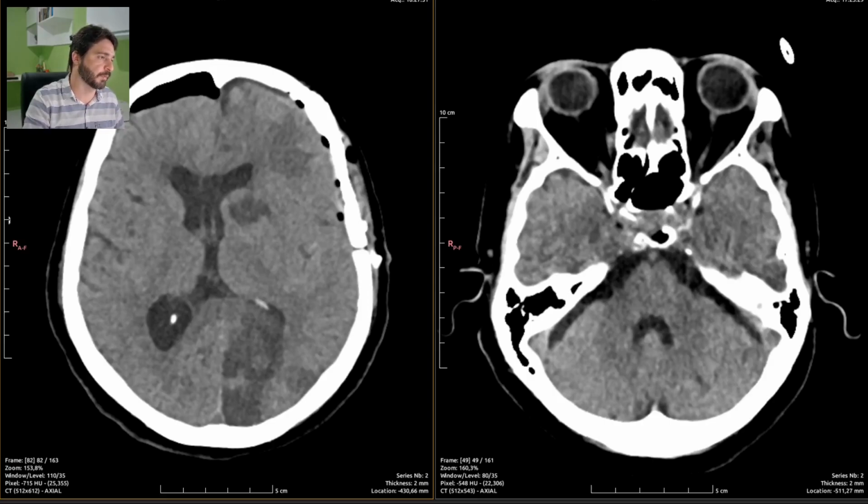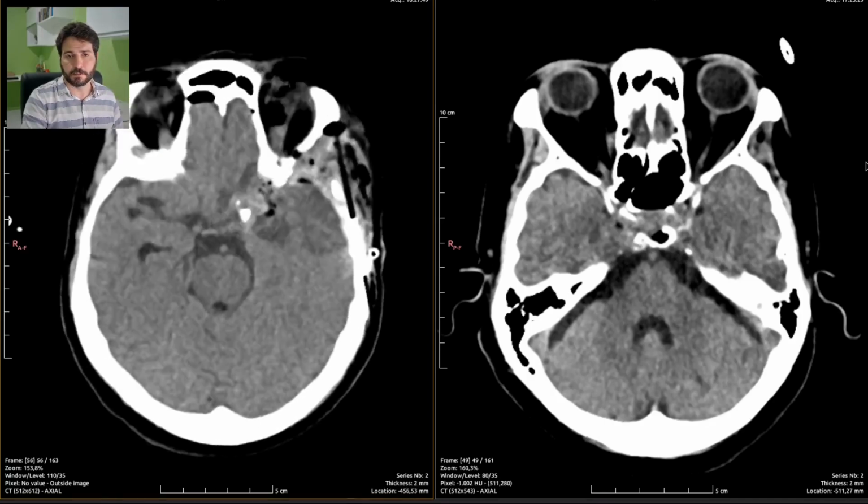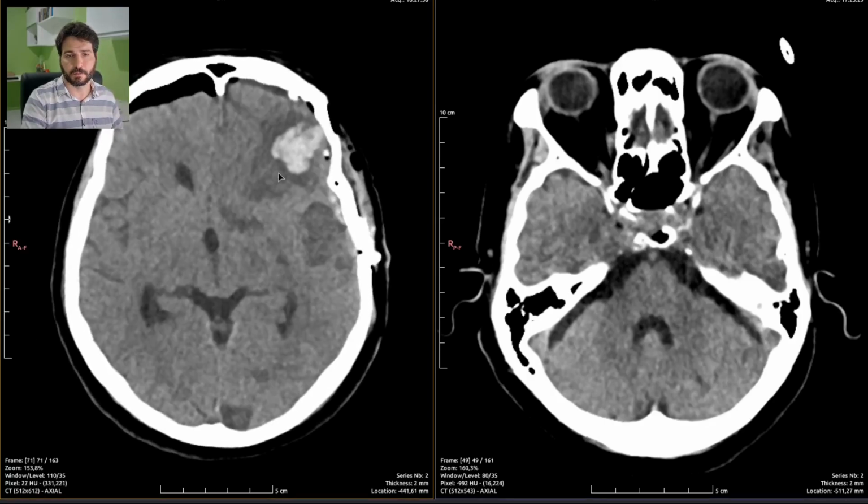I'm just describing the post-op signs. Now I'm going to describe the acute hematoma on the left frontal lobe.